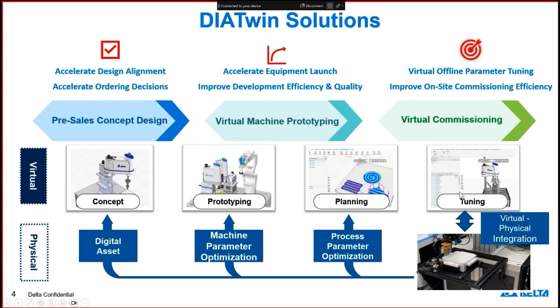And the end, we can integrate to the real machine design. So we can do this, including the software side for the programming PLC or the PC-based programming before the hardware design come up.